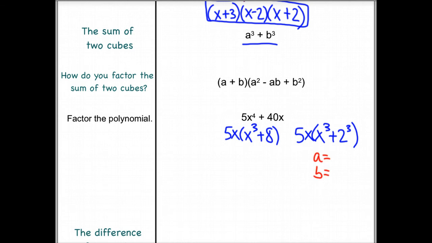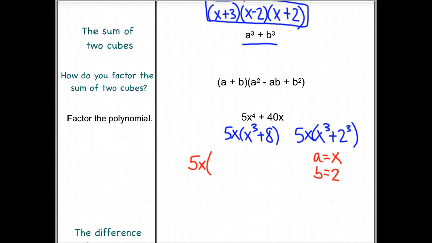So our a is going to be x, and our b is going to be 2. So now I'm going to keep writing 5x, and we want to write it as a plus b times a squared minus ab plus b squared.